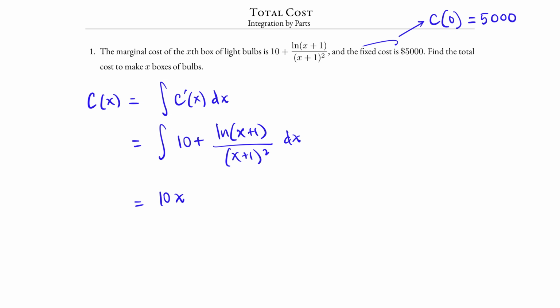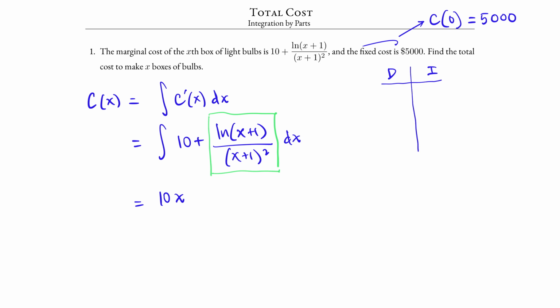And to find the antiderivative of ln of x plus 1 over x plus 1 squared, we will use integration by parts. There are two factors in this expression, ln and algebraic, so we will use the zigzag method with the two columns.